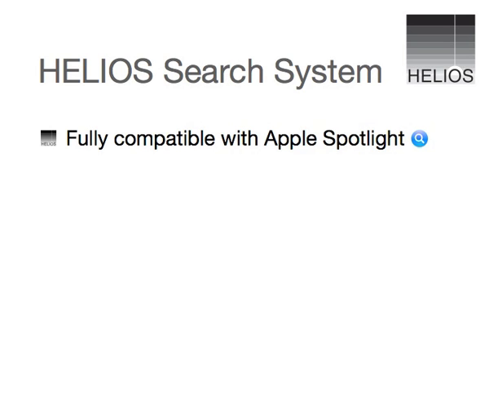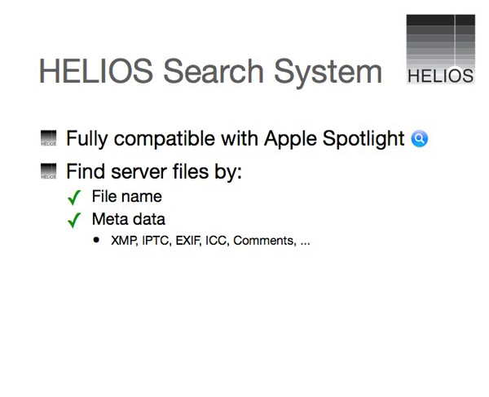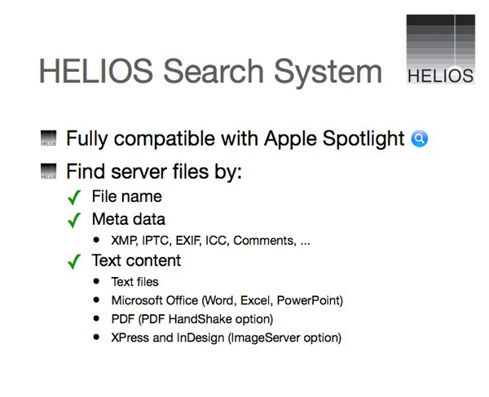To recap, Helios UB2 creates a Spotlight-compatible database for Spotlight searches of Helios server volumes. It supports searches for file names, for metadata, and for full-text searches of text files, Office documents, and optionally, text within PDF, Quark Express, or InDesign documents.